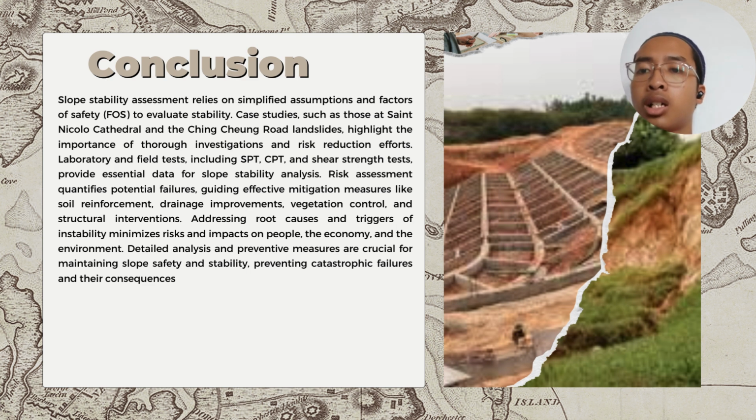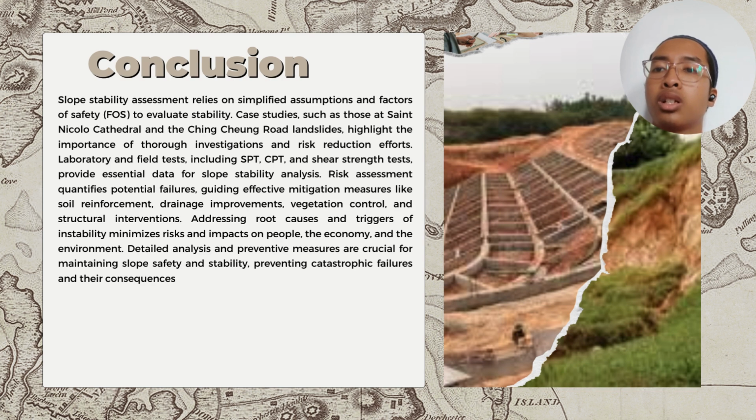Nevertheless, challenges arise due to the wide variety of soil and limitations in data collection methods. Soil stability assessment relies on simplified assumptions, and the factor of safety is a crucial indicator for evaluating slope stability. By examining the forces acting on the slope and soil strength, engineers can assess the potential for failure and devise strategies to minimize associated risk.